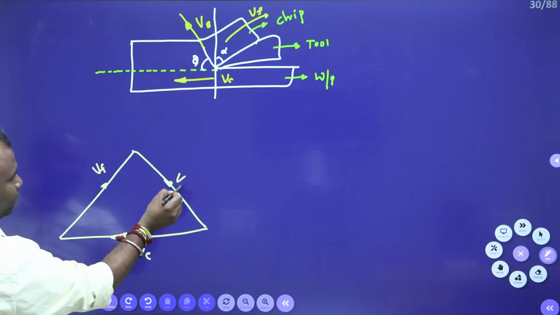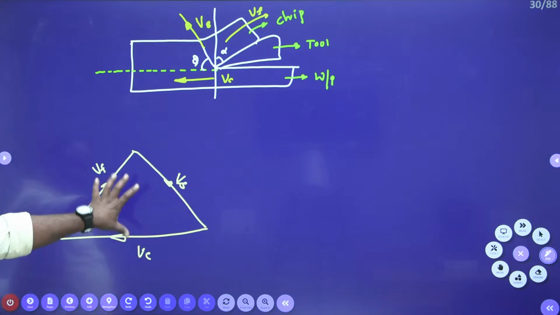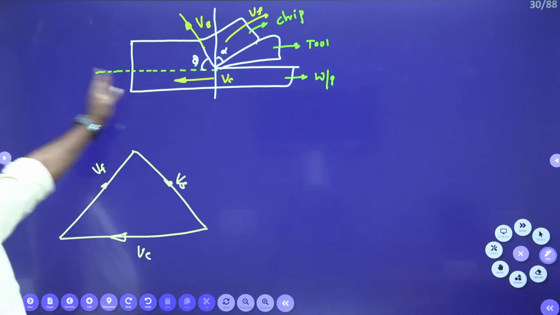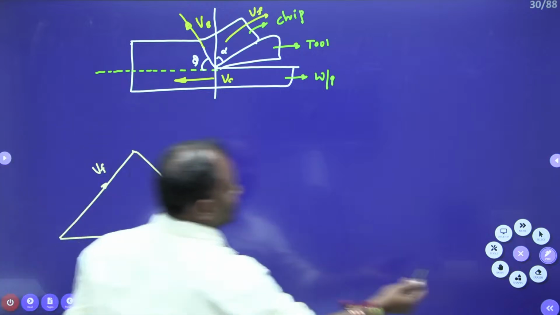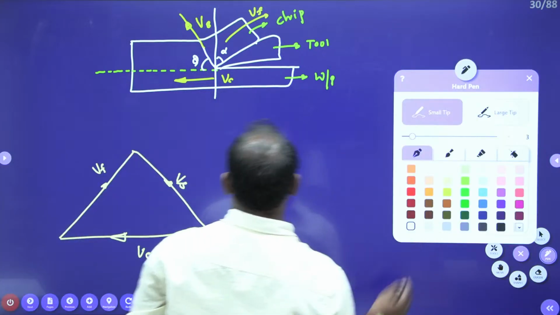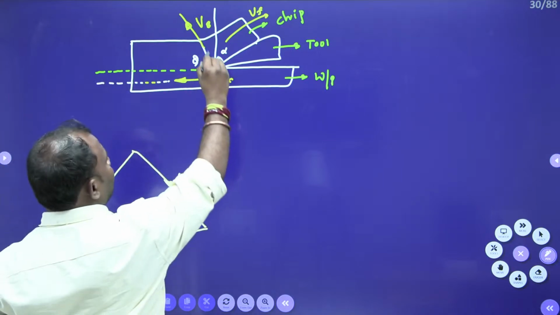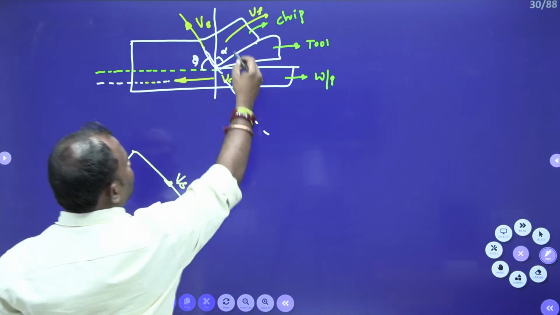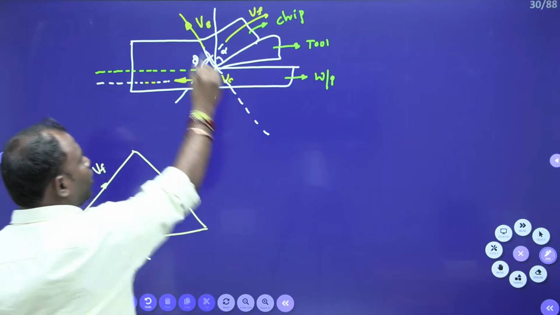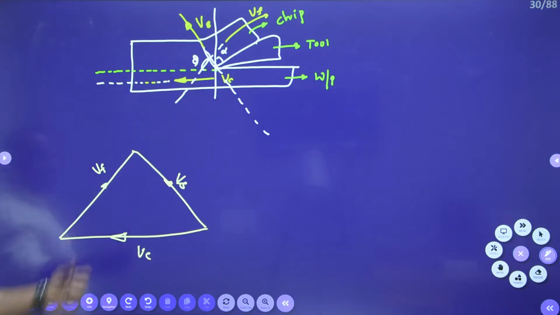If I extend all of these, they form a triangle. That is what I have drawn here.